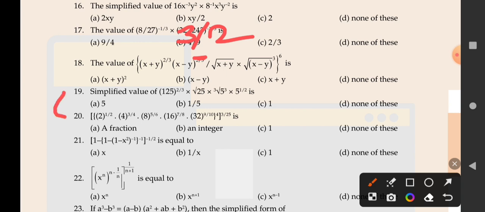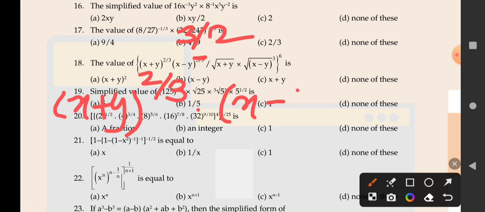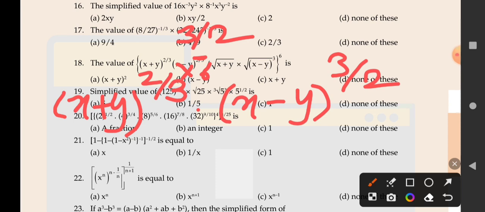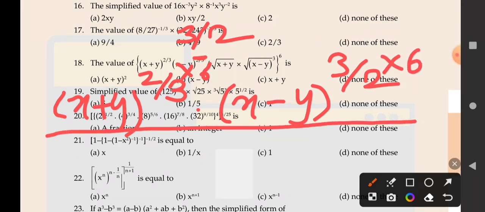What do we have? We have x plus y whole raised to 2 by 3 into x minus y whole raised to 3 by 2, and there is on the whole complete raised to 6. That is why we are going to multiply 6 in the indices for both.